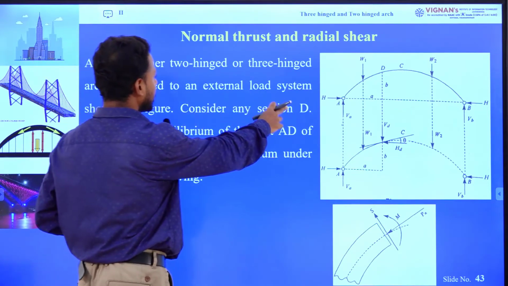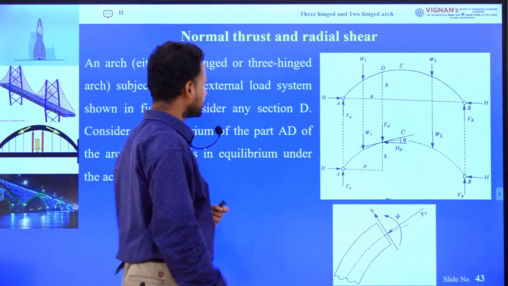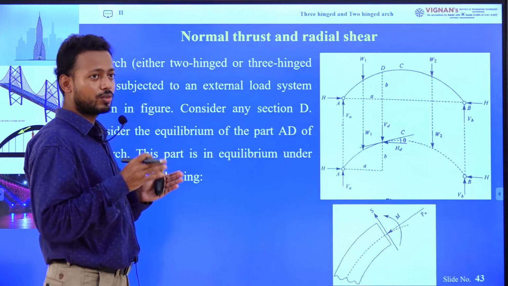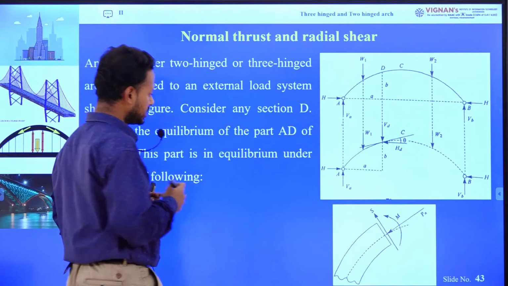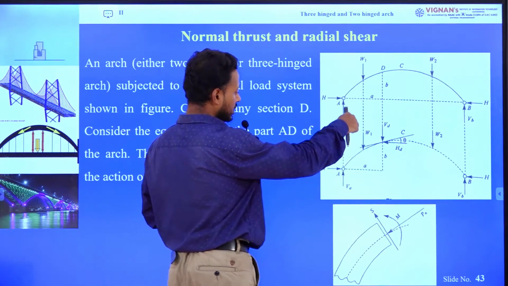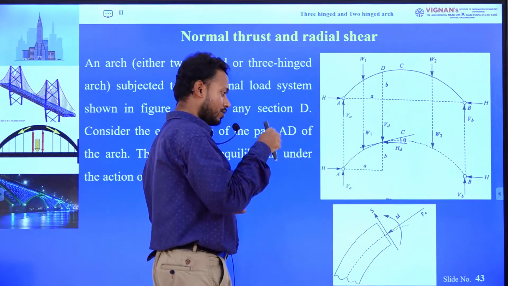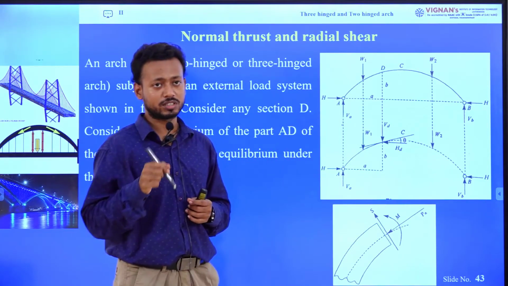Suppose A, C, B is an arch, either 2 hinge or 3 hinge, whatever. We will find out what is the normal thrust and radial shear in the arch. Normal thrust means that on a plane the force acting at right angle is called normal force, and the thrust will be called normal thrust.